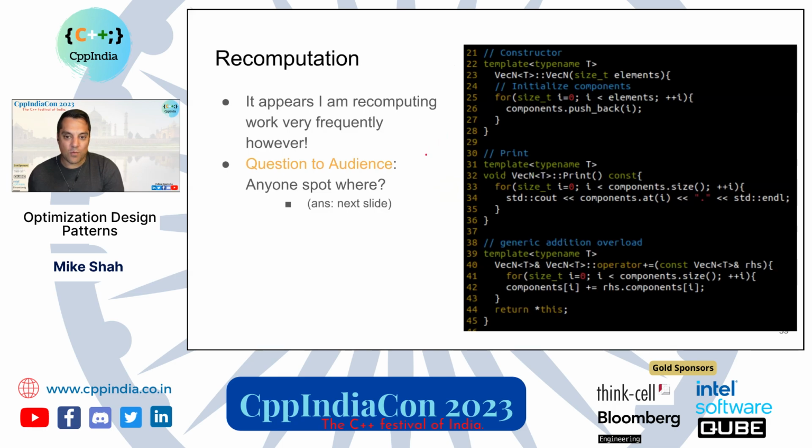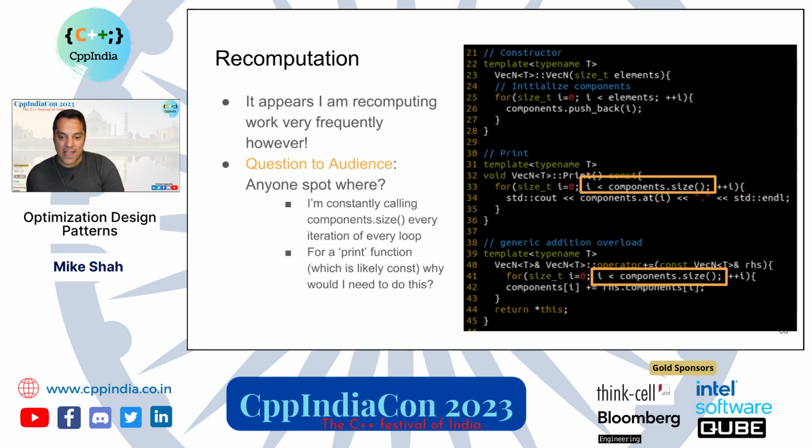It could be in one function or multiple of them. What do folks see here? Yeah, folks are saying a couple of things here. There's the for loop, and folks are pointing specifically to size. Someone's pointing at the at, which is interesting, because we could probably optimize that as well. But yeah, components.size. Let's take a look at that one first here.